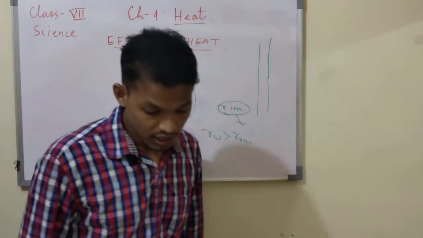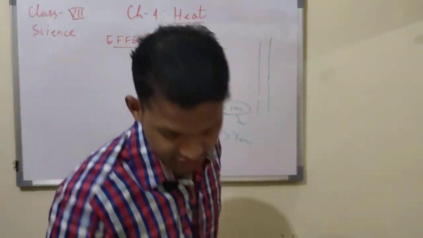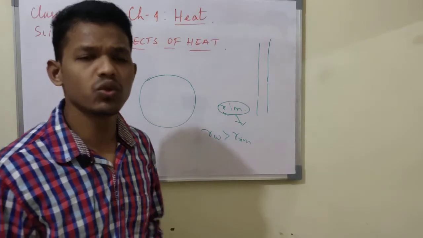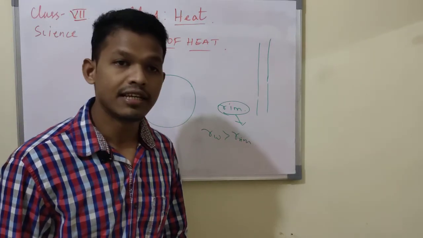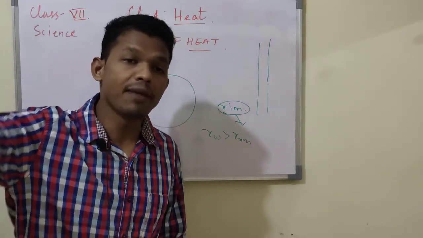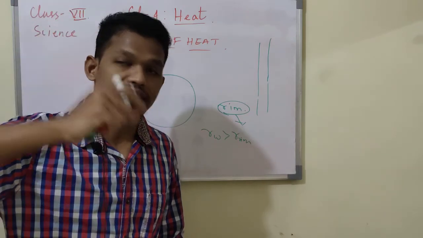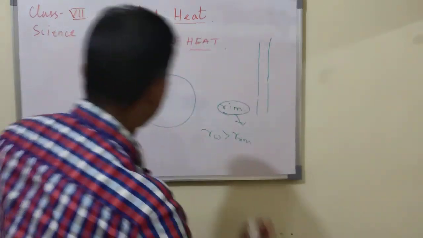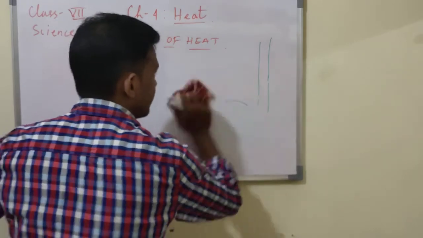Now, electric cables between two electric poles, you have seen. High voltage electric wires are carried from place to place. You will find this is an electric pole.